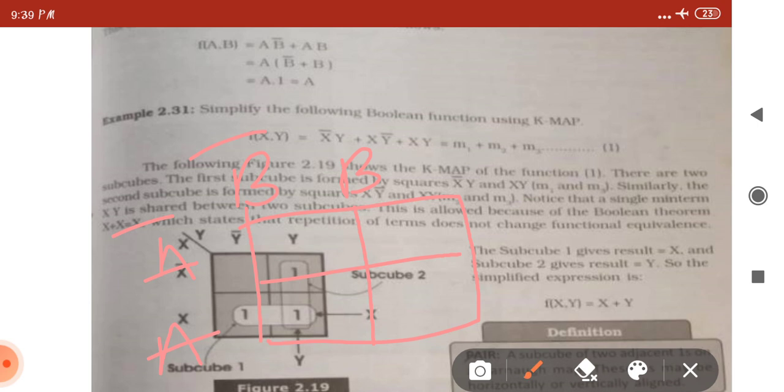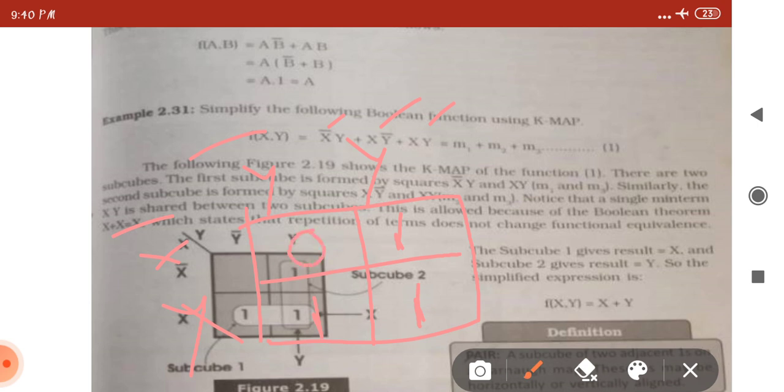X bar Y plus X Y bar plus X Y. Here they have X bar Y, X Y bar plus X Y. Instead of A and B, I want to take X and Y. X bar Y, where is that one? This one. X Y bar, this one. X Y is this one.